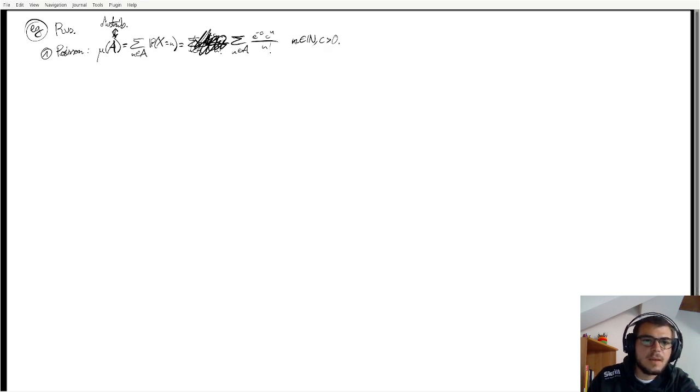And this thing we can actually see as the sum of the Dirac measures, delta n of A, correct. Probability that X takes value n.